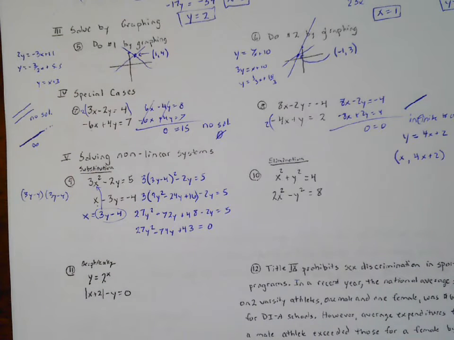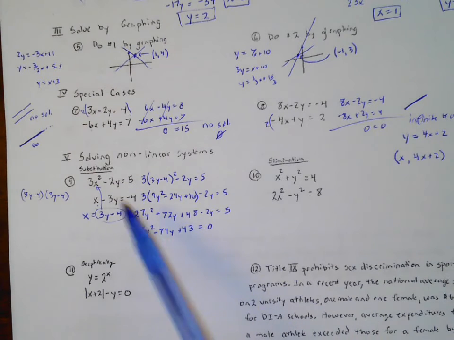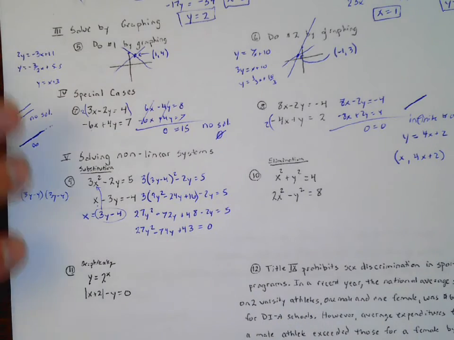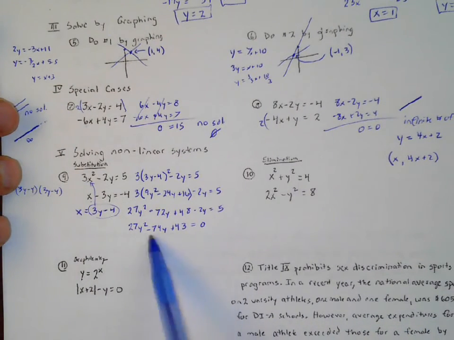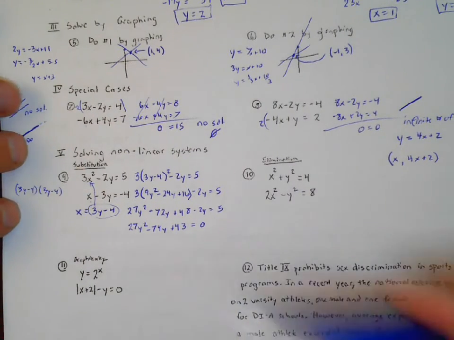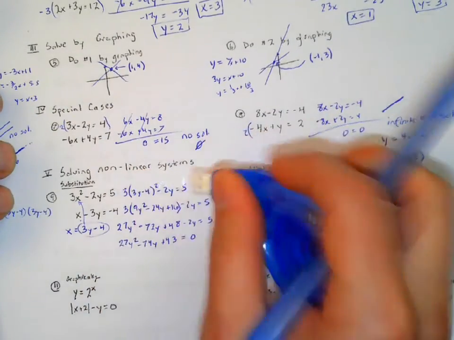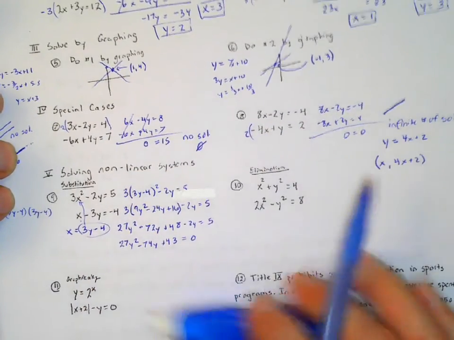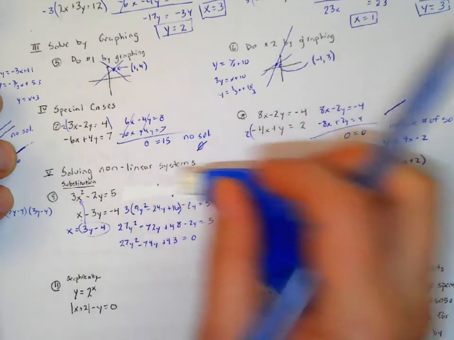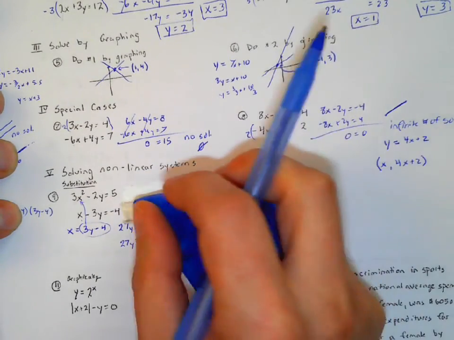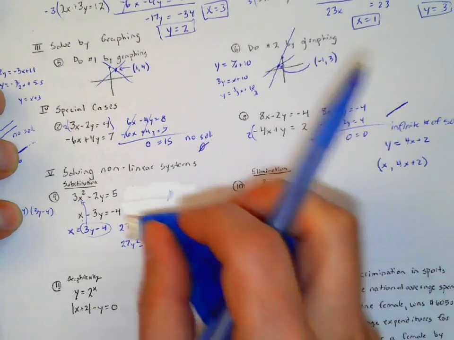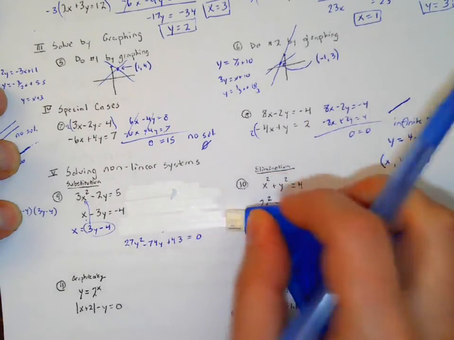I just noticed that this doesn't factor, which means I went back and looked at how I copied this problem down, and I copied it down wrong. You could solve this, but you'd have to use the quadratic formula and then plug it back in. But I'm going to make it so it can be factored. So I'm going to copy the problem down correctly and then work it out that way so it can be factored.